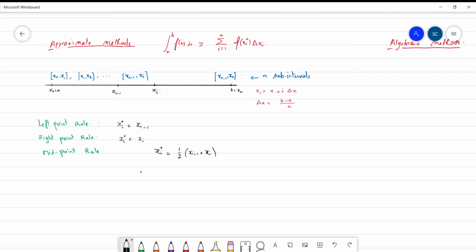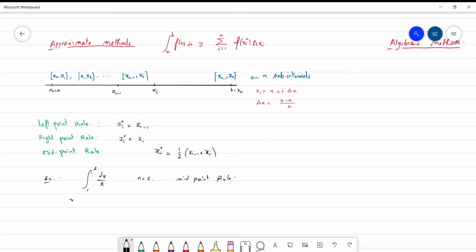Okay, so here is an example for the midpoint. Let's use the midpoint formula to compute the following integral: the integral from 1 to 2 of dx over x, with n equal 5.